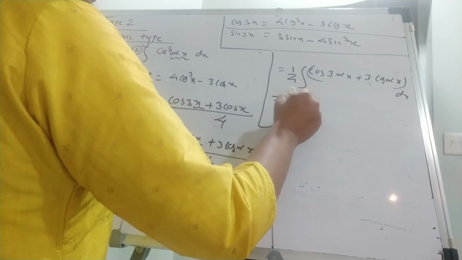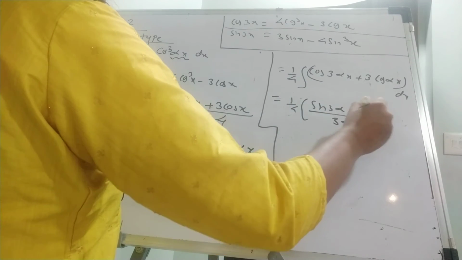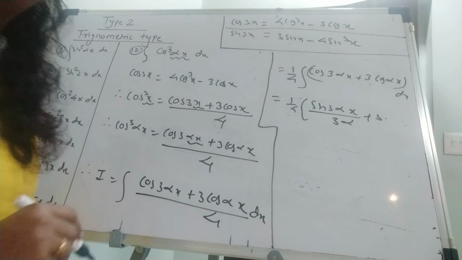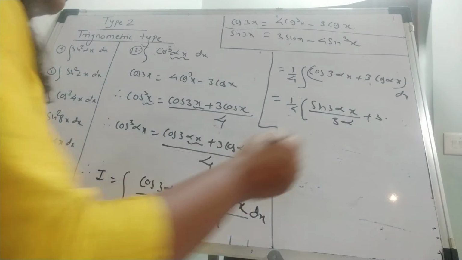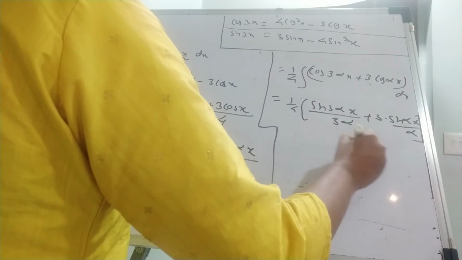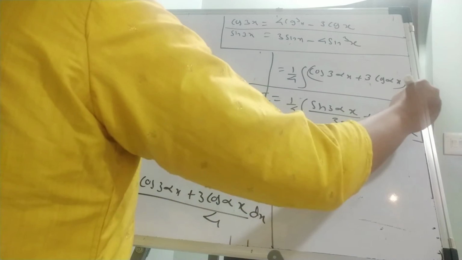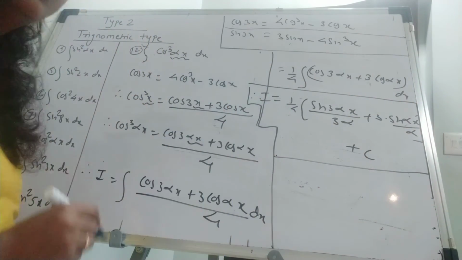Integration of cos is sin divided by coefficient of x, that is 3 alpha. 3 constant outside integration. For cos of alpha x, integration value is sine of alpha x upon alpha plus some constant value c. So your final integration value.